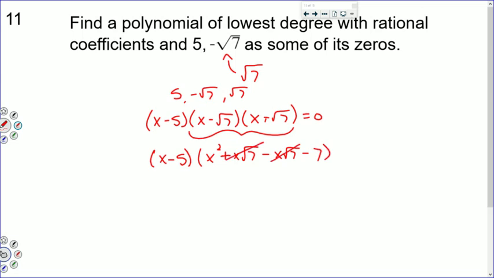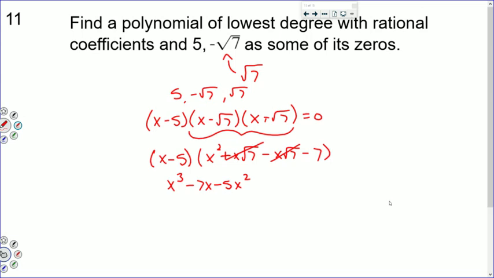These two go away, and we're left with x squared minus 7 times x minus 5. So x times x squared gives us x cubed. X times negative 7 is negative 7x. Negative 5 times x squared is negative 5x squared. Sorry, got distracted by shiny things.